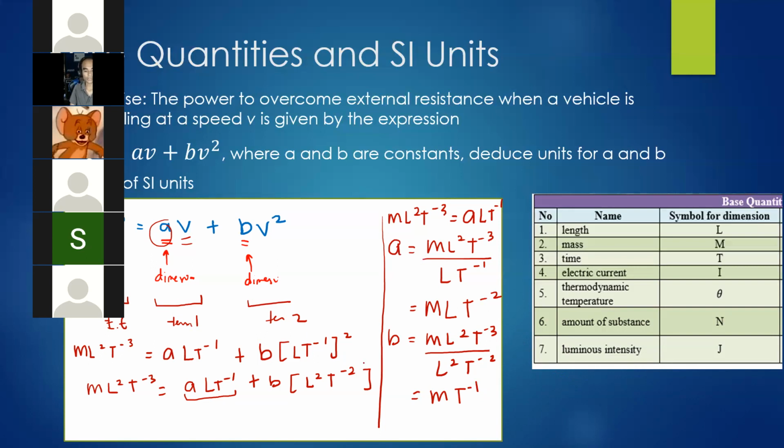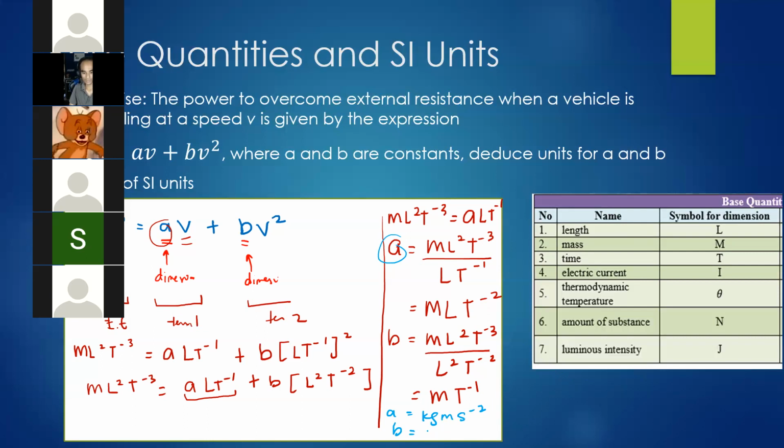Okay, so you're correct. What will be the SI unit for A? The SI unit for A is kg meter second negative 2, force.